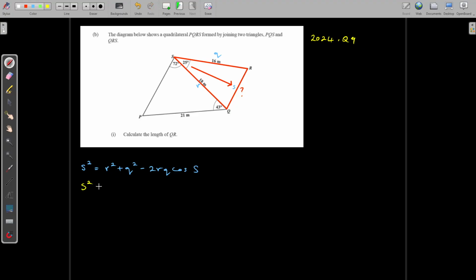So s squared is equal to 18 squared plus 16 squared minus 2 times 18 times 16 cos 25. So s is equal to the square root of whatever our calculator tells us that is.